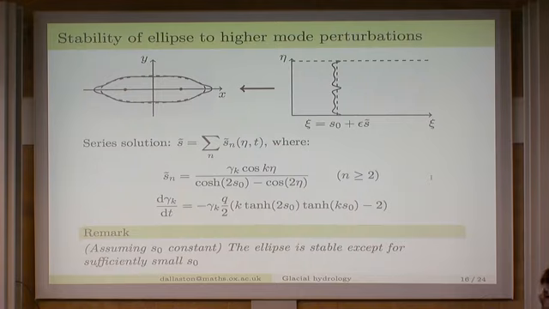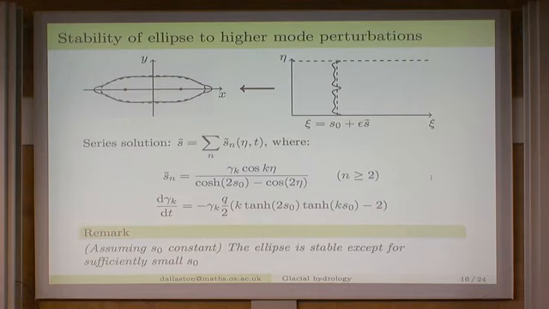Actually, this solution is also valid even if you have a time-dependent base state. So even if your S0 is a function of time, this is still a valid exact solution for the linearized perturbation problem. Most importantly, I suppose, is that you have an ordinary differential equation for the amplitudes of these perturbations, d gamma k dt, and this tells you whether these terms are growing or decaying in time, and that'll tell you about the stability of your ellipse to these higher mode perturbations.